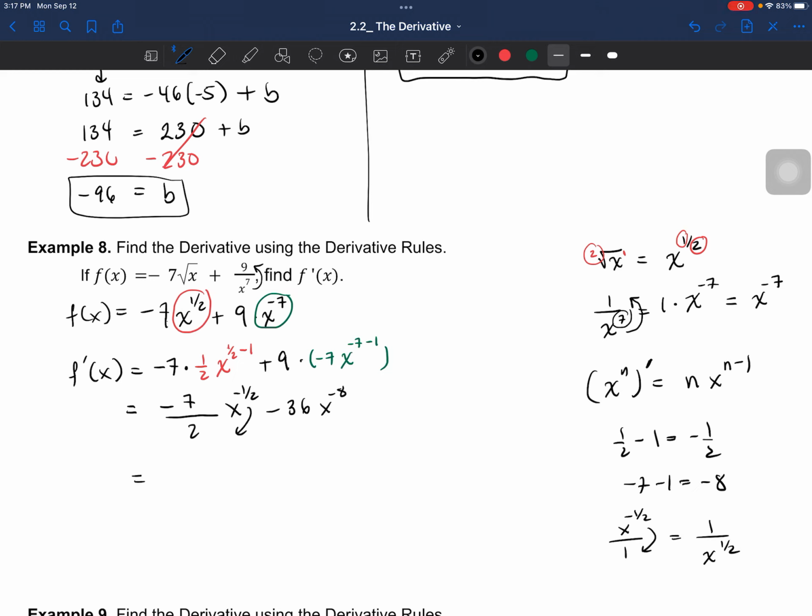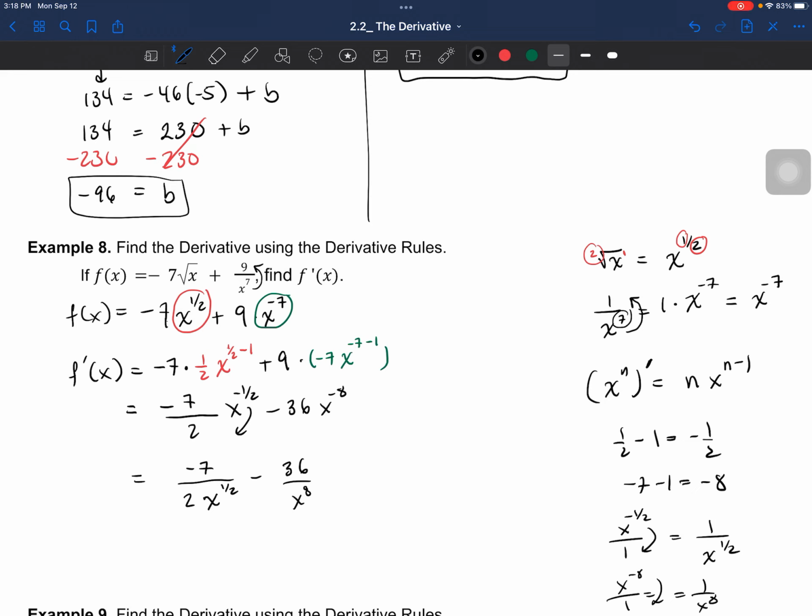So we're going to move this to the denominator. Might as well put it in the same fraction bar. Why not? There's no reason not to, because it's multiplication. So it'll be 2 times x to the 1/2, and then we're going to move the x to the -8 over 1 to the denominator by having 1 over x to the 8. So this will be x to the 8.